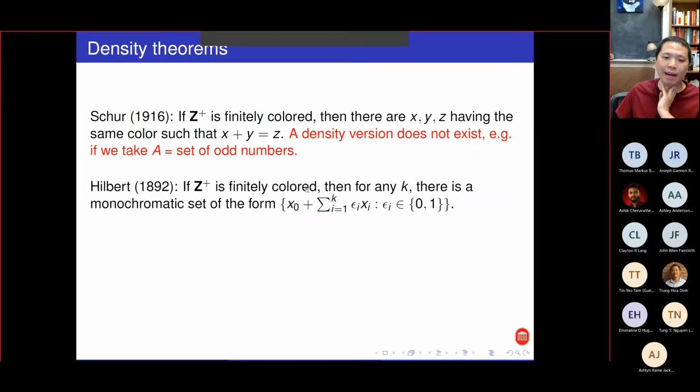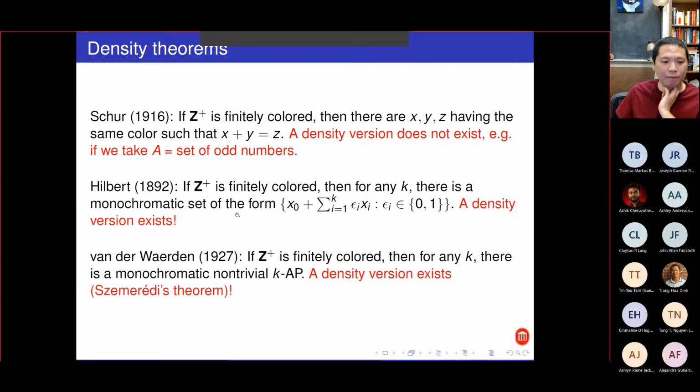Or in other words, can I find such a set inside any set of positive density? It's hard to see, but the answer is yes. It's actually not quite hard to prove. So we know that there is a density version for Hilbert's theorem.